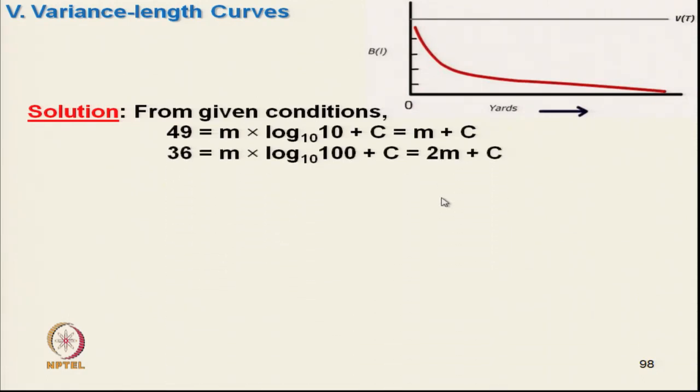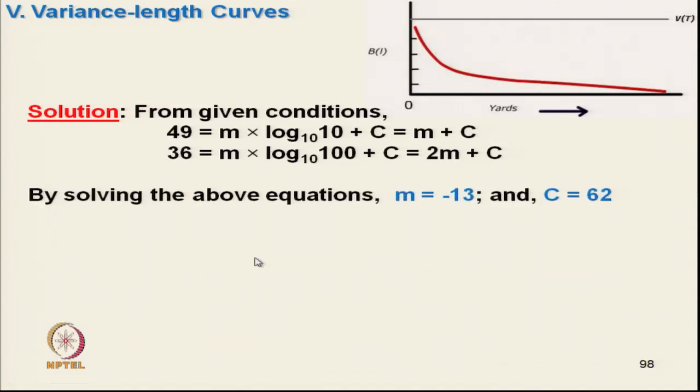For 1 meter cut length, which is 100 centimeter, 36 equals m log 100 plus C, which is 2m plus C. From these two equations we can get the values of m and C. By solving, m equals minus 13 and C is 62.